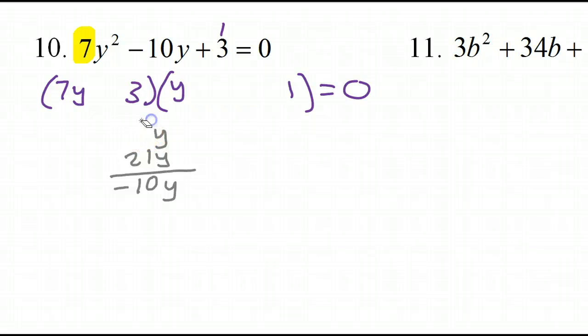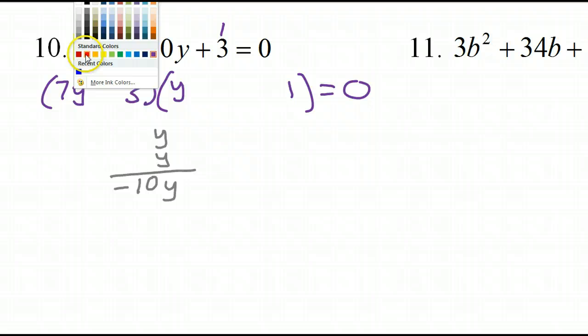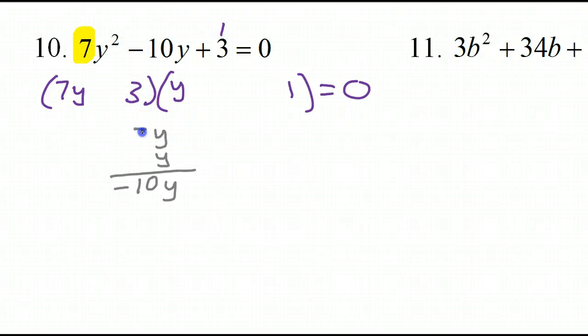If I do it this way, that's going to change my inner, outer, middle. So inner, now I have 3y. Outer, I have 7y. This is looking good. If I had a negative 3 and a negative 7, that would indeed make negative 10.